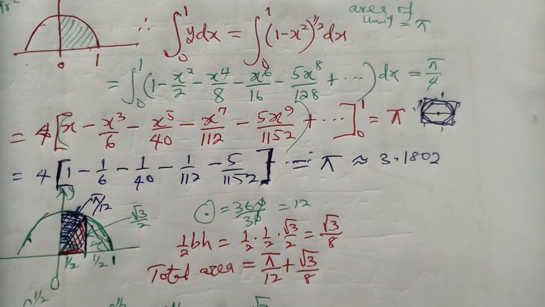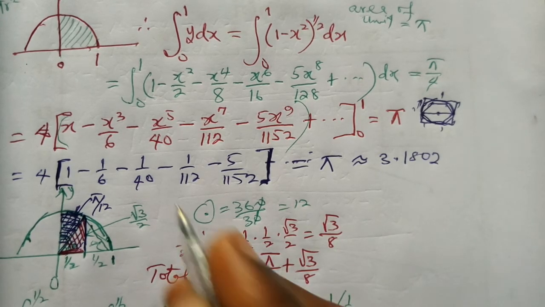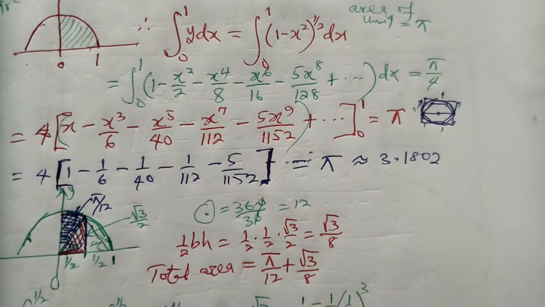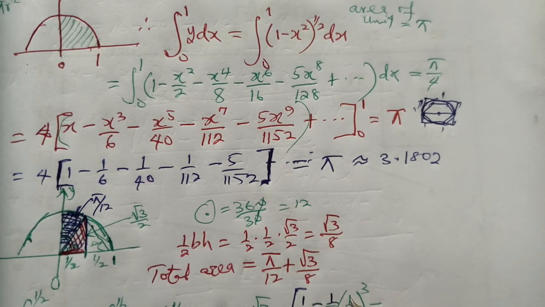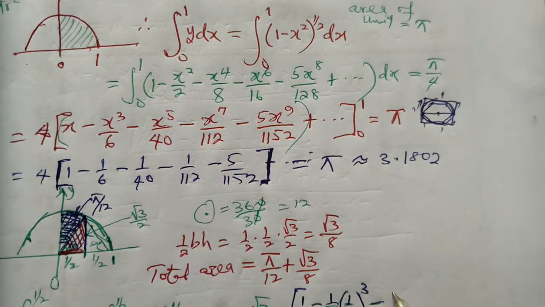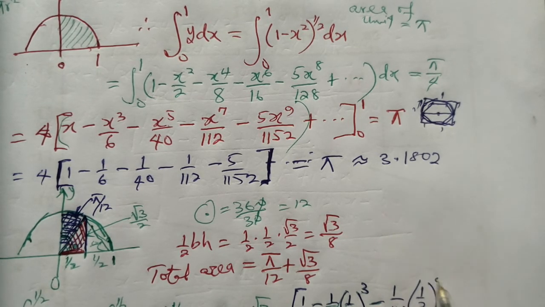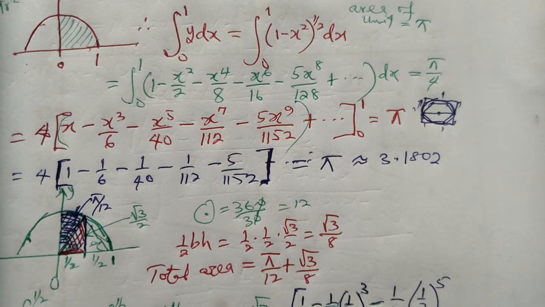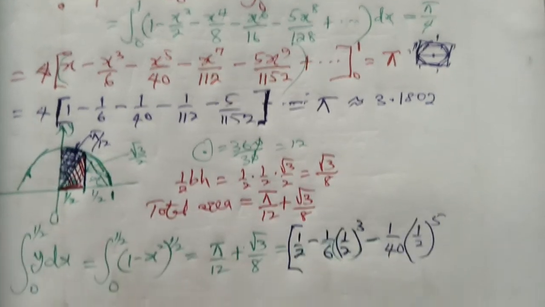So if we put half there, we'll have half minus 1 over 6 times 1 over 2 raised to power 3, minus, this one will give us 1 over 40 times 1 over 2 raised to power 5.